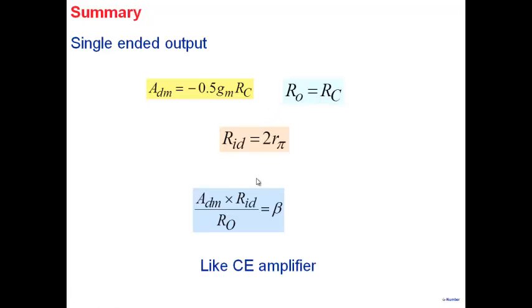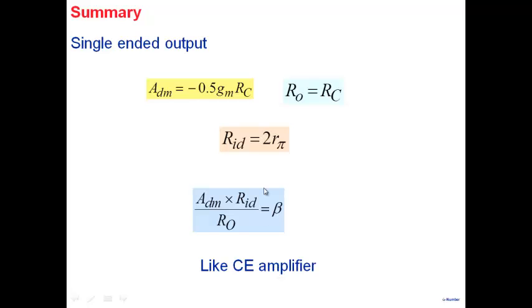And note that if I multiply them together, ADM multiplied by RID divided by R0, we get the same value, beta, just like a common emitter amplifier. Because we know that under differential mode analysis, your differential pair reduces to a common emitter amplifier. All the expressions that you see here, GMRC, RC, R pi, these are all for a common emitter amplifier. Okay, so basically, then the characteristics are just like a common emitter amplifier.